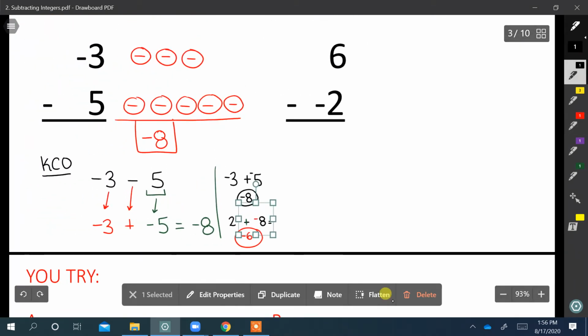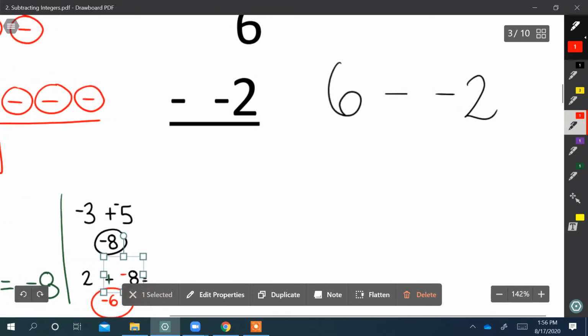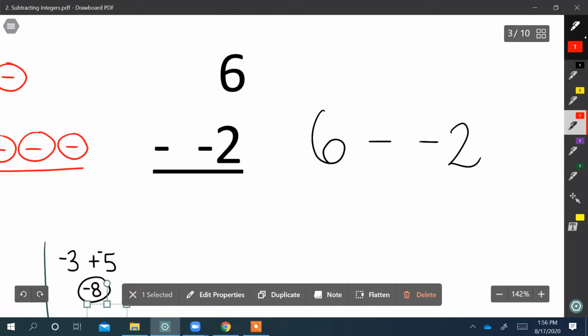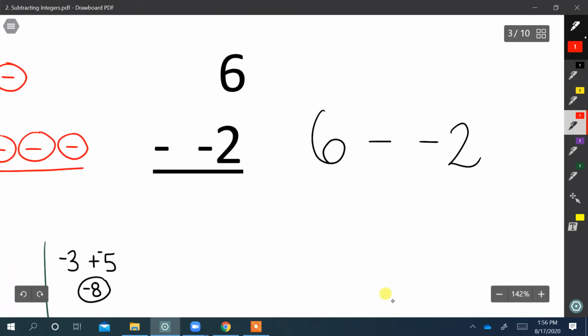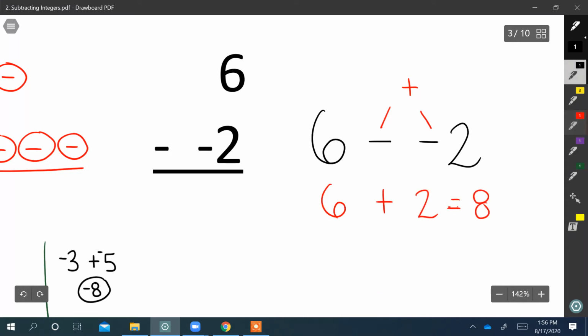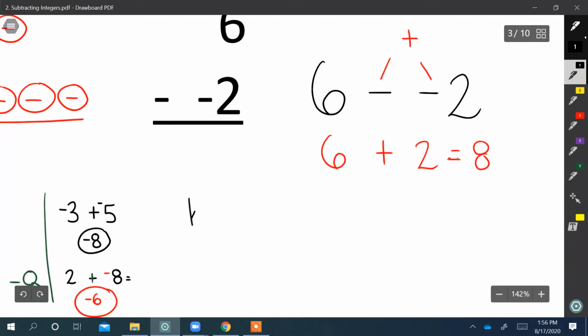So once again, we have 6 minus -2. When I look at this one, here's what I do. I see those two negatives and I turn those into a positive. So 6 plus 2 will be 8. Now if you want to do KCO, you can do that too.